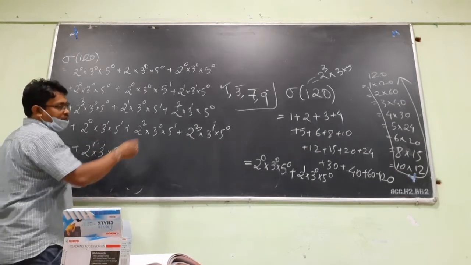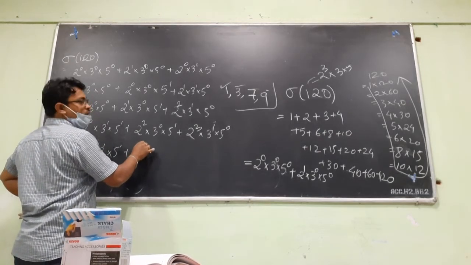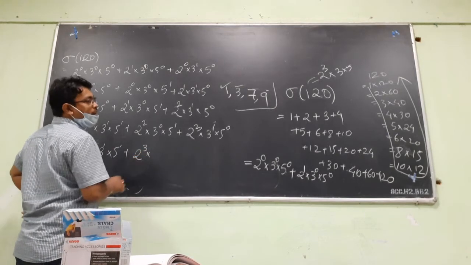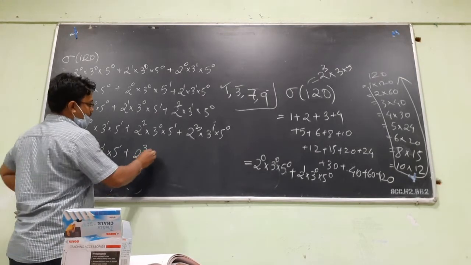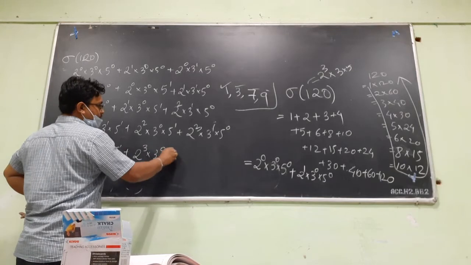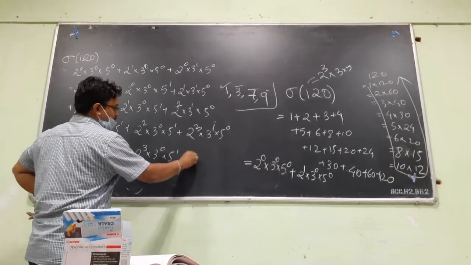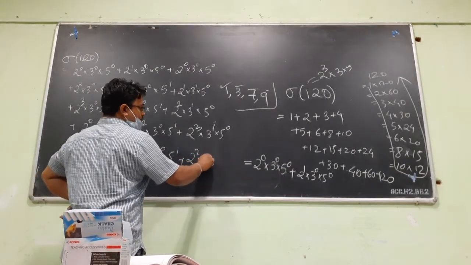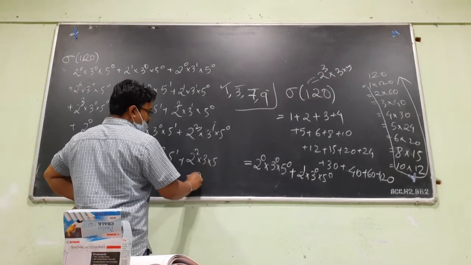And then 40 is actually 2 to the power 3 into 5 to the power 0 into 5. 60 is 2 square into 3 into 5 and 120 is 2 cube into 3 into 5.